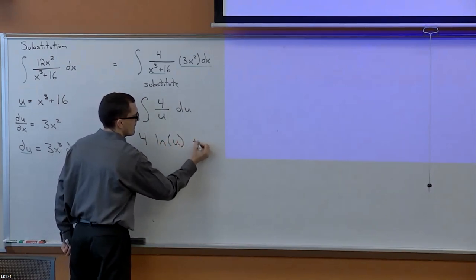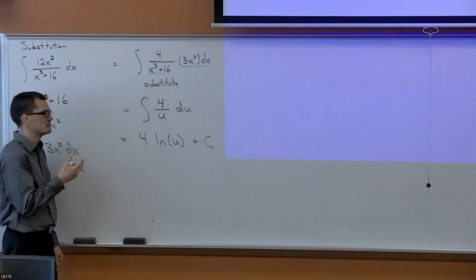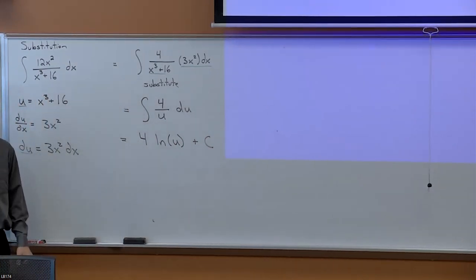Again, I will use parentheses when I write that on the board. Technically, we all should know that you can only plug in positive numbers in natural log. So some people would use absolute values around their u.